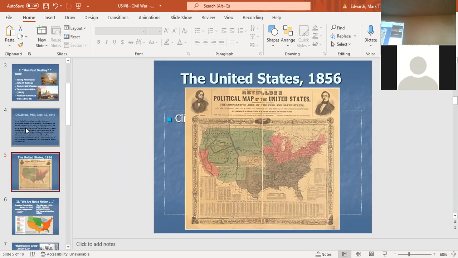So we have to get over this idea, which I think somebody mentioned before, of North good, South bad, or Union good, Confederacy bad, as though somehow the Union had the moral upper hand on slavery. Yes, it's true that, as we've talked about, northern states ended slavery between 1780 and 1820.